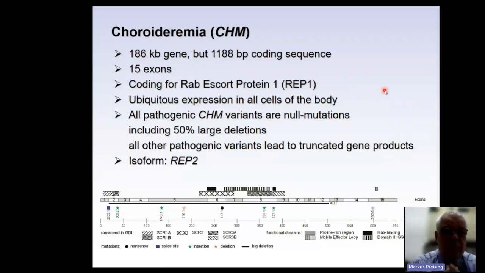Therefore, you will find that about 50% of the choroideremia variants are null mutations due to large deletions of the gene, losing several exons and introns as a block and sometimes even the whole gene.